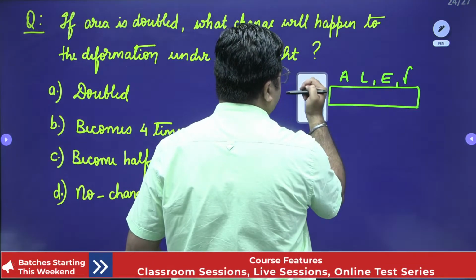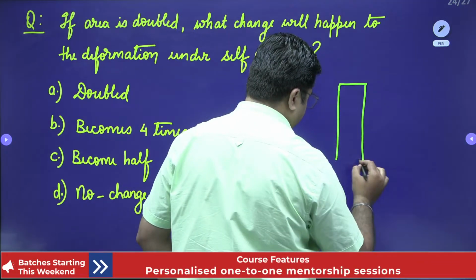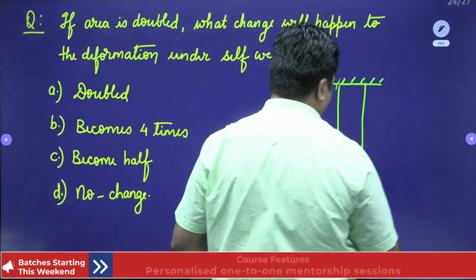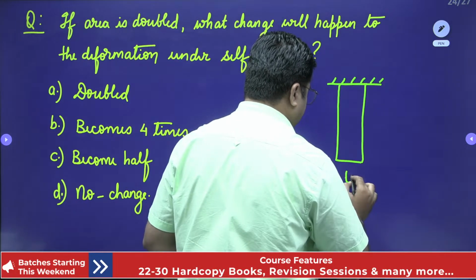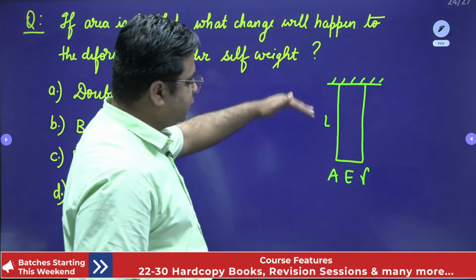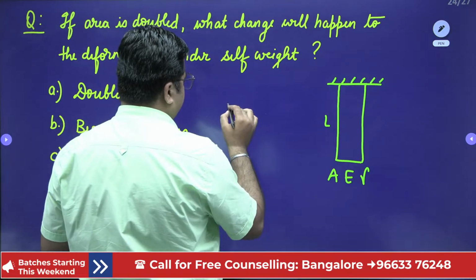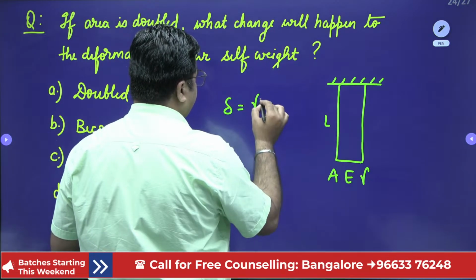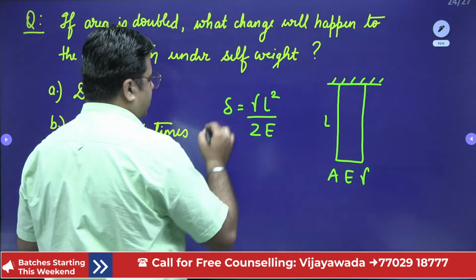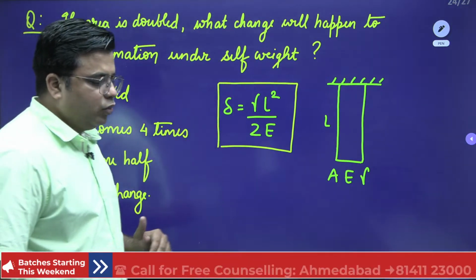For this member, which is having A, E, gamma and L, where L is the length of the member, the deformation under the self weight, so delta is gamma L square divided by 2E.